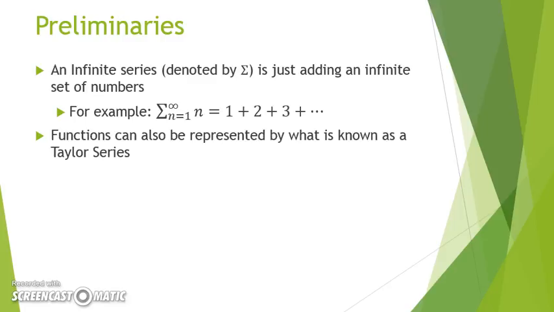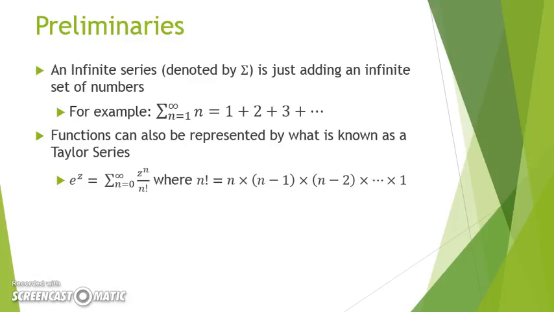We can use series to represent functions. This is what is known as a Taylor series. So for example, if I have the function e to the z, I can represent that by the sum from n equals 0 to infinity of z to the n over n factorial, where n factorial is n times n minus 1 times n minus 2, all the way to 1.